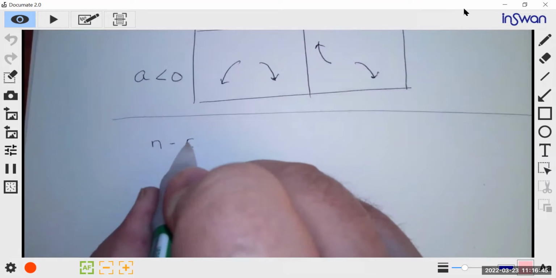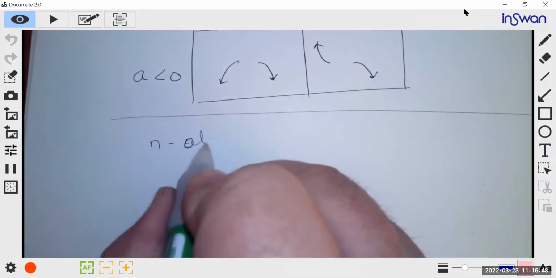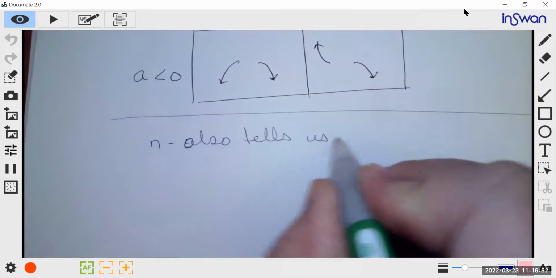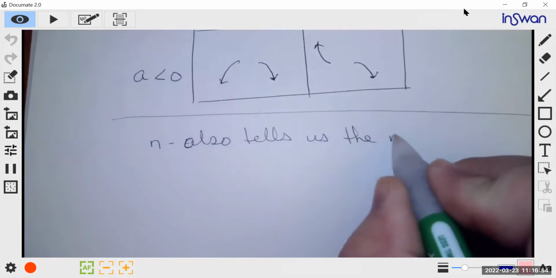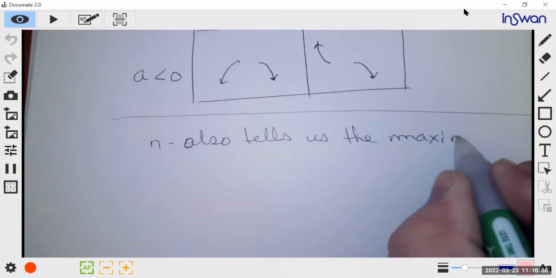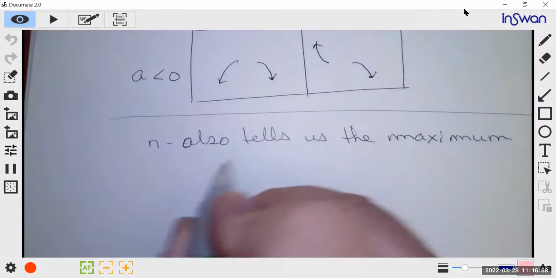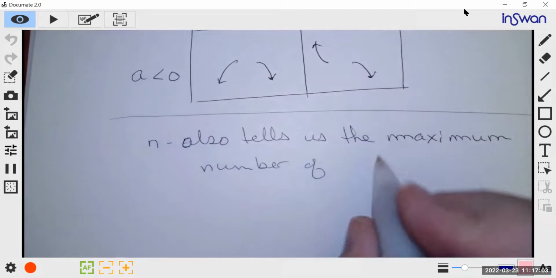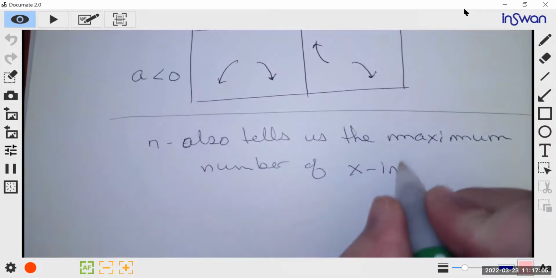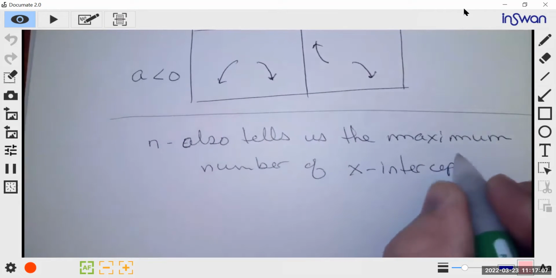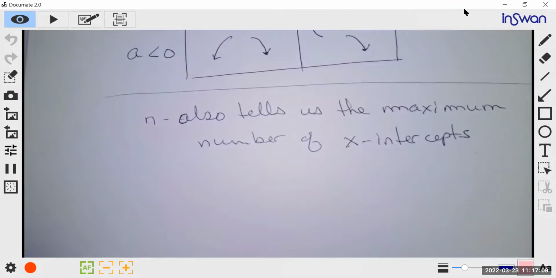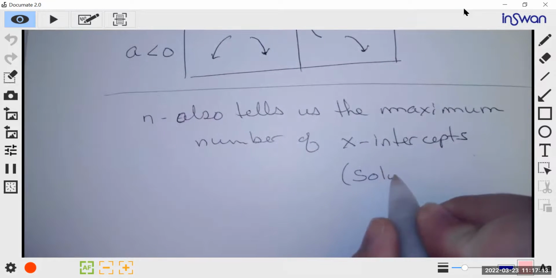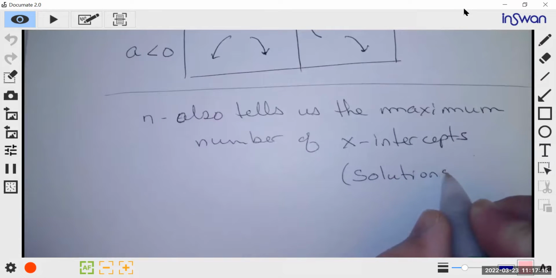Now n also tells us the maximum number of x-intercepts. Remember, x-intercepts are the same thing as solutions.